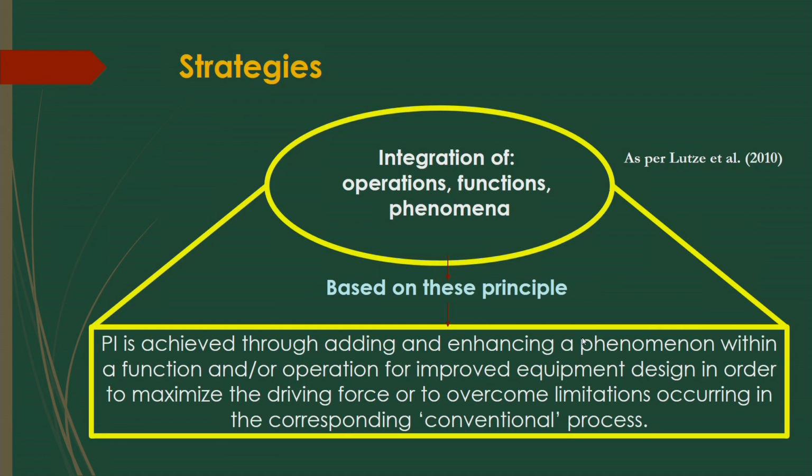We can even classify these strategies of chemical engineering processes like this: integration of the operations, functions and phenomena are three components by which you can intensify the process by integrating the different processes. Based on these principles, process intensification is achieved through adding and enhancing a phenomenon within a function and or operation for improved equipment design, in order to maximize the driving force or to overcome limitations that occur in the corresponding conventional processes.